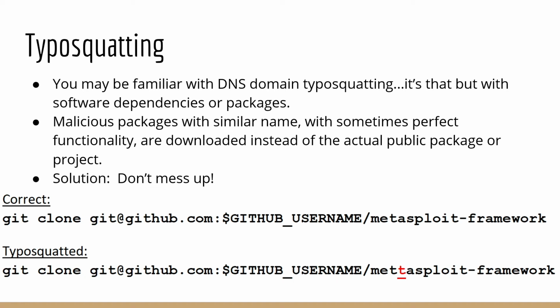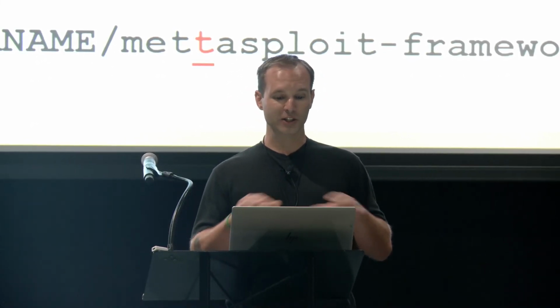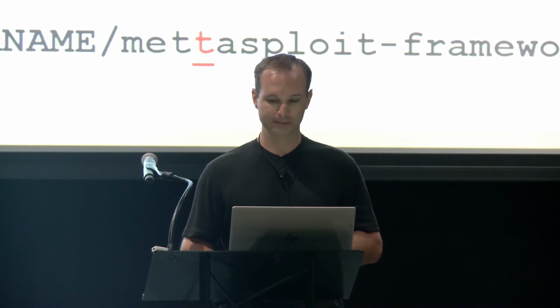It's like that, but with dependencies. You type the wrong dependency, package, or project, and you get code that maybe actually works, but it's laced with malicious code or functionality. It's a bigger problem that's happening lately. A lot of code repository tools are watching for these types of things, but it's still very possible to happen.